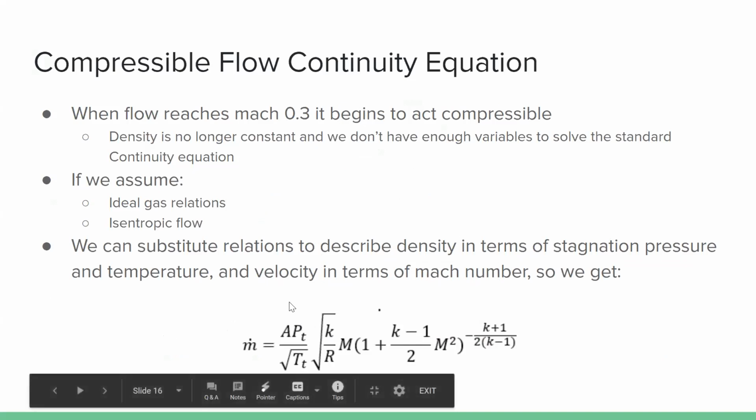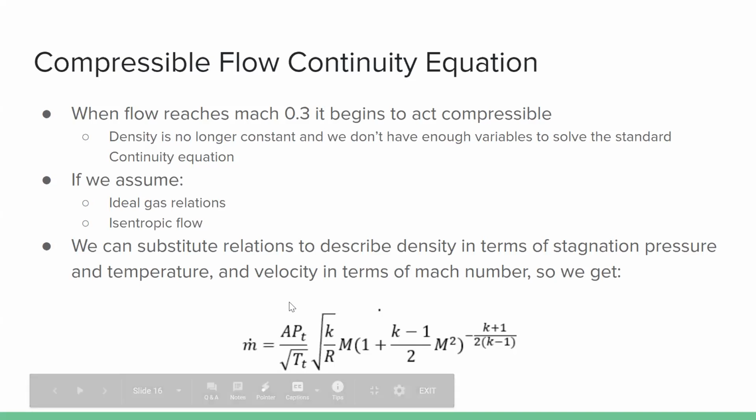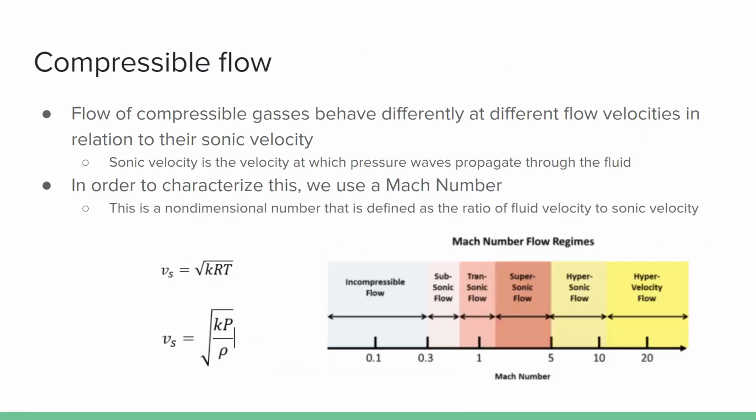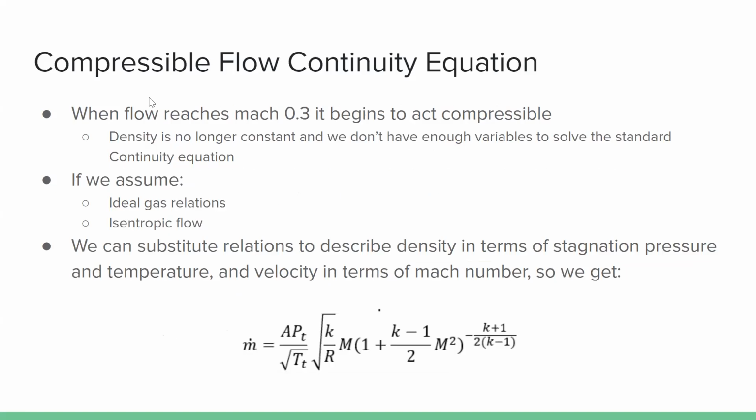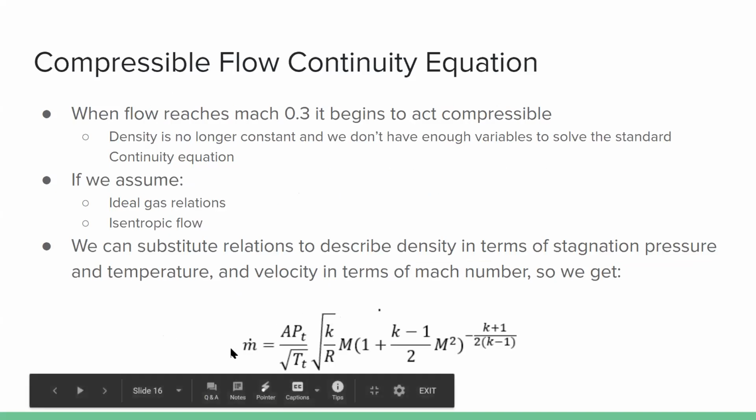So basically what you would do is find an equation that describes the density based on the fluid properties that are present at that moment, and substitute those in for this term here, and then just sub in Mach number for velocity there. And that's how you get this big, ugly equation.